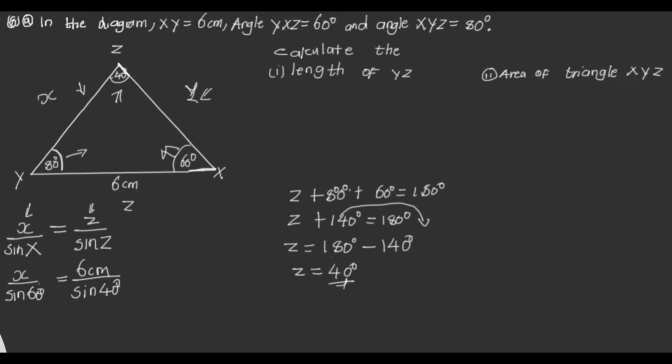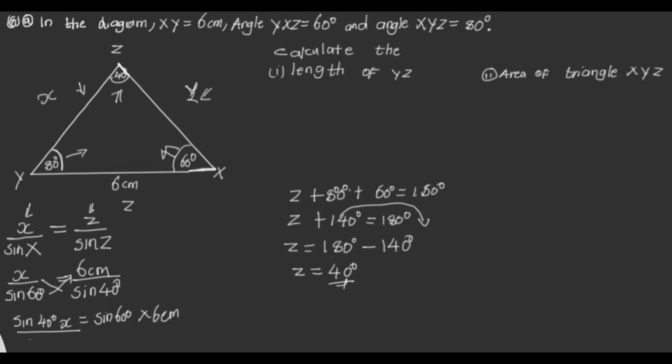Since we are solving for x and we have a fraction on each side, we are going to cross multiply. So sine 40 degrees times x gives sine 40 x, and sine 60 degrees times 6 centimeters.